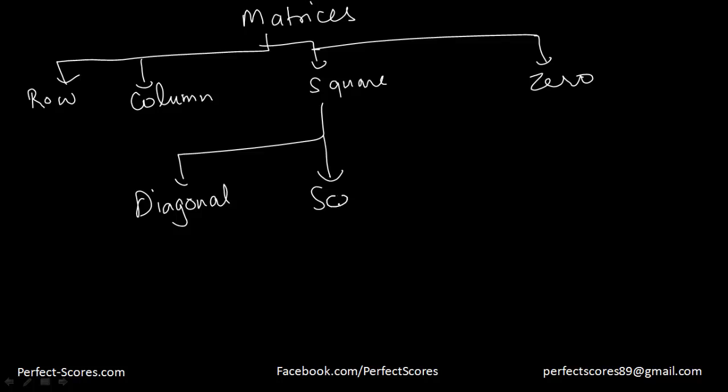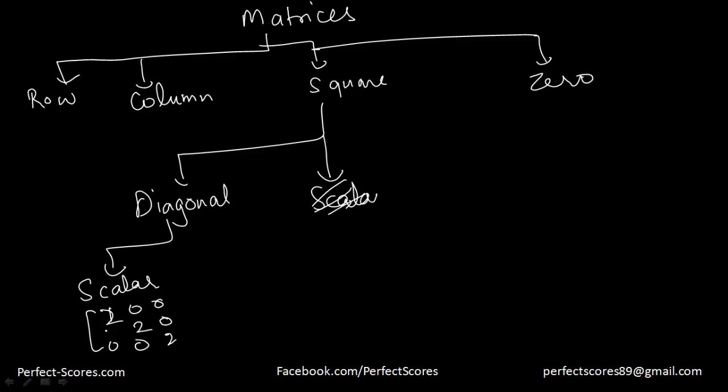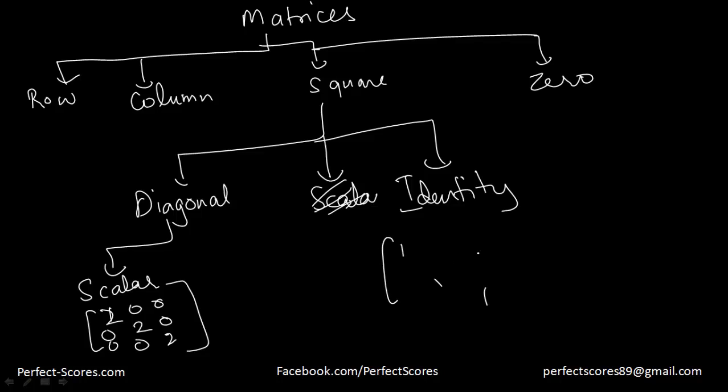In your diagonal matrix you have your scalar matrix, where all the diagonal elements are constant and everything else is 0. And in square matrices you have your identity matrix as well. You can either call it here or here. Let me write it here. You have your identity matrix where your diagonal elements are 1 and everything else is 0, right? I suppose you're understanding this point, guys.